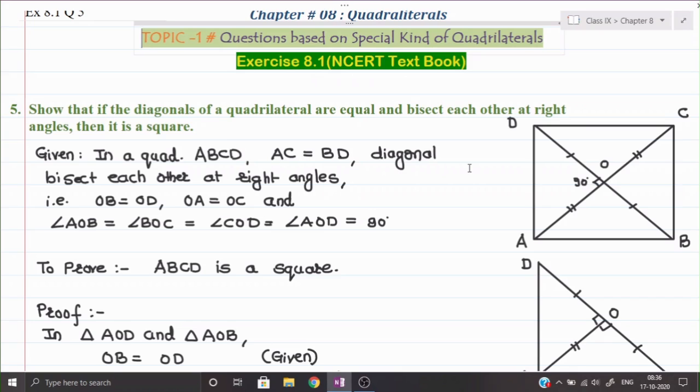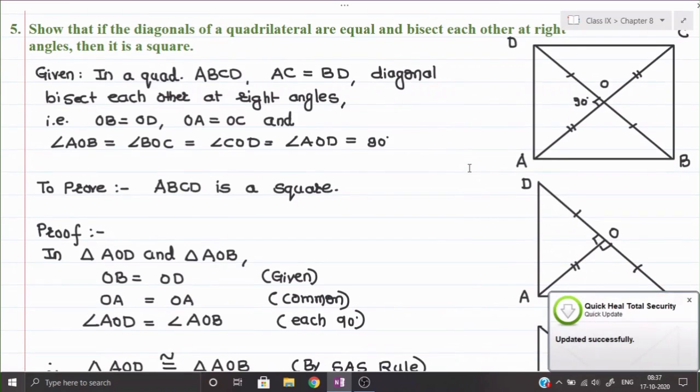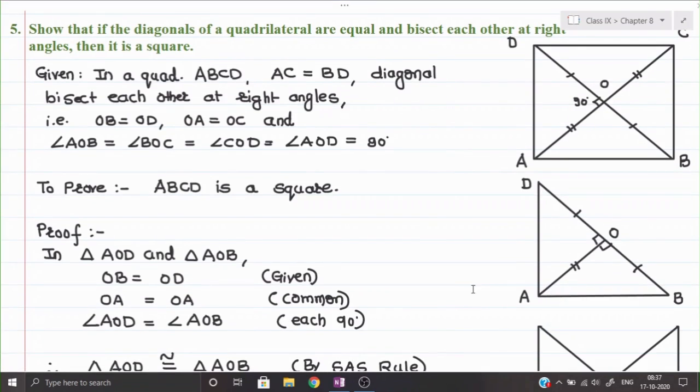Further we shall prove it is a square. Okay, so let us see first how we can complete till rhombus. So here in the solution, first we shall write down further.